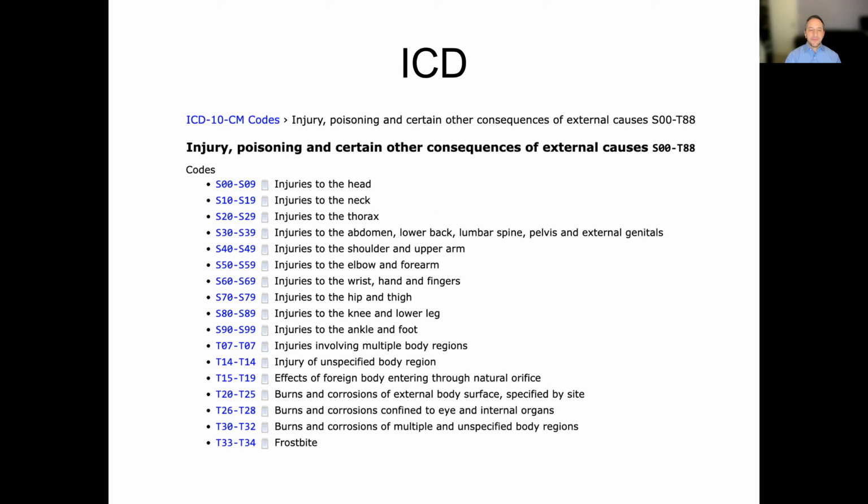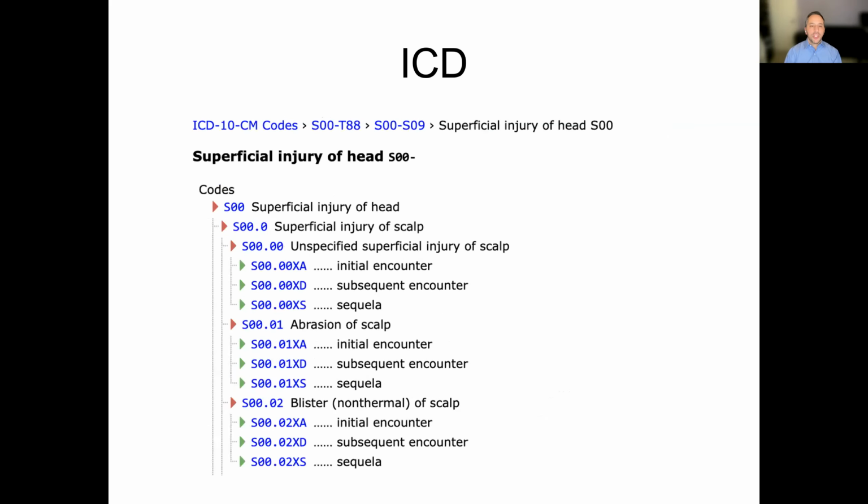And then you can see some that are effects of foreign bodies, burns or corrosions, frostbite, things of that nature. And if we dive into a subcategory of these, if we just look at injuries of the head, that first one, you can see that there are many codes for various types of qualifiers. So a superficial injury of the scalp can be unspecified.